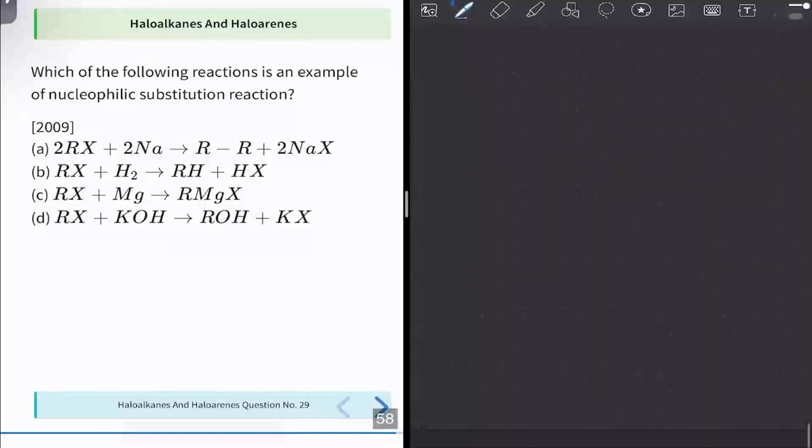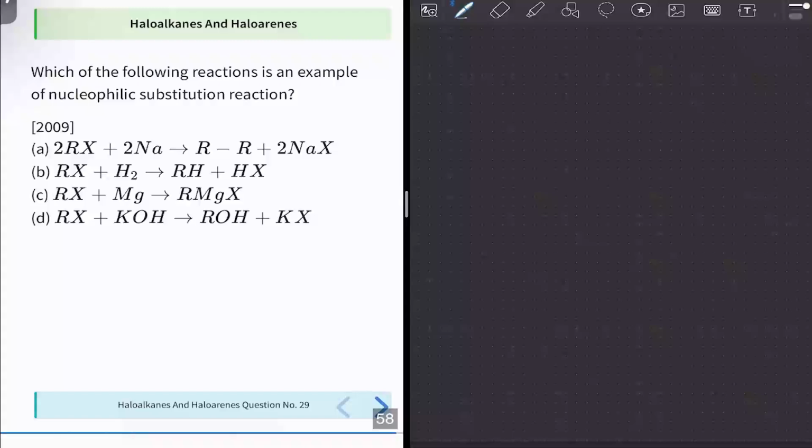Which of the following reactions is an example of nucleophilic substitution reaction? We have to find the substitution reaction here. 2RX with 2Na, that is the Wurtz reaction. The Wurtz reaction forms identical or symmetrical alkanes. This is not a nucleophilic substitution reaction.